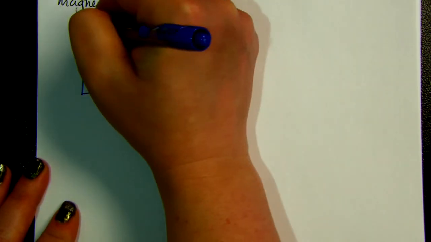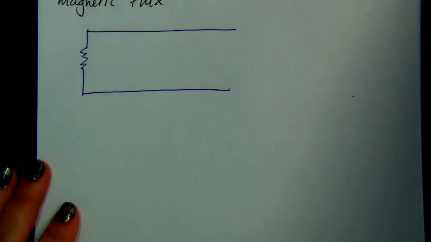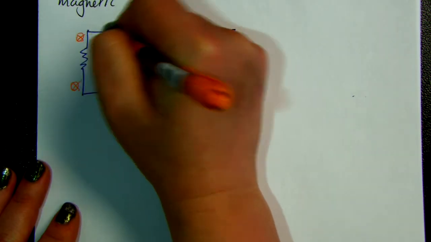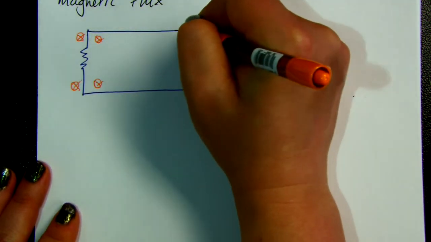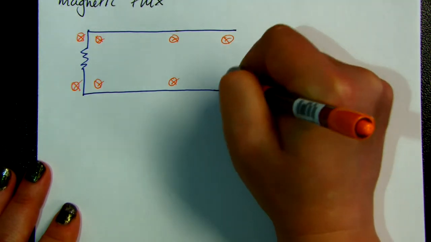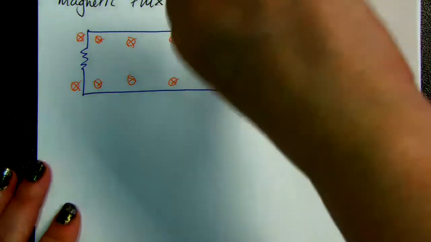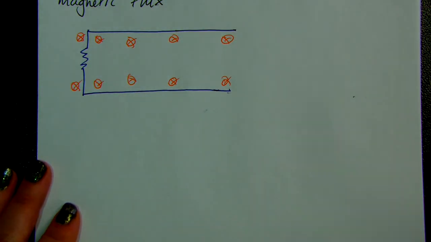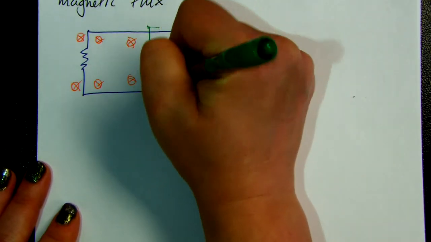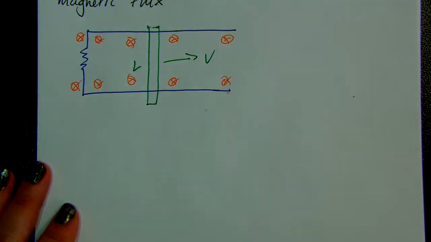Okay, so we've got our bars right here. We've got our magnetic field. I'm feeling orange for magnetic fields today. Blue and orange, like superhero colors. All right, so there we go, magnetic field going in. And then we've got our bar here, which is moving and conducting of some length.